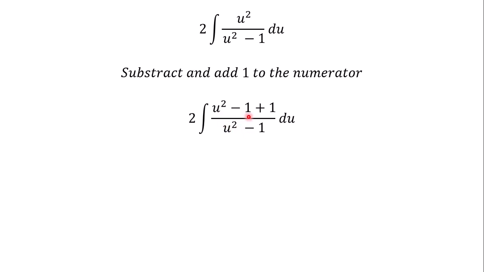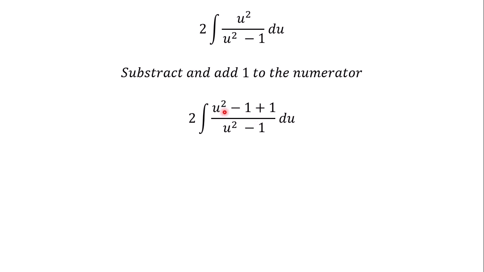u squared minus 1 plus 1. So what we are going to do is split this one into fractions, but I'm just going to take two fractions. Since we wanted this one to look like this one, we're just going to combine this and this, and we'll leave this one. So it's going to be u squared minus 1 and then plus 1.